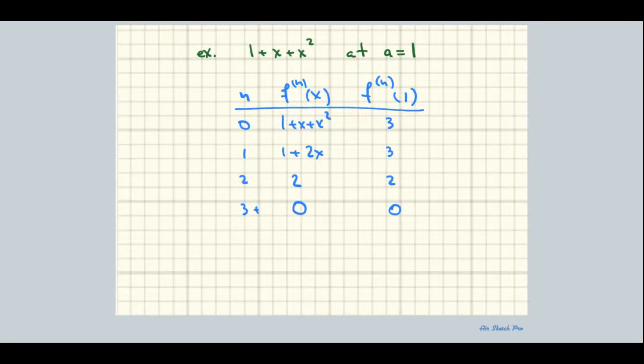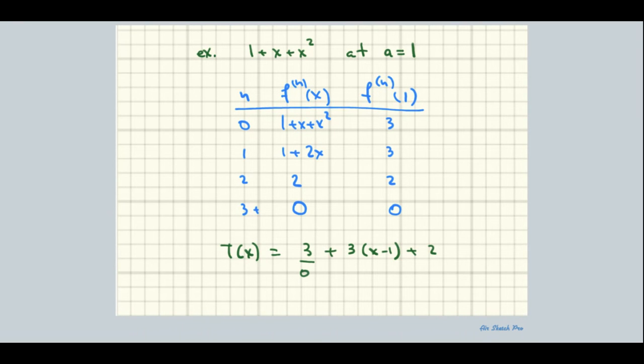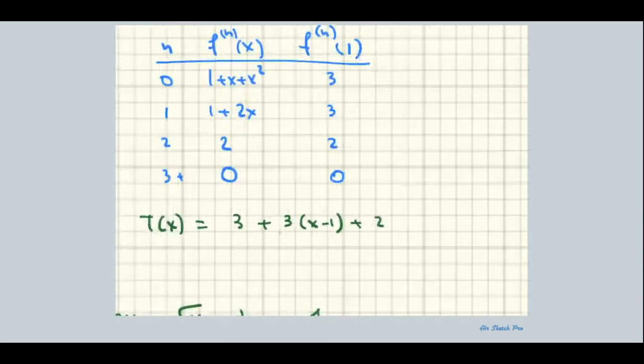Remember to find the function itself. The Taylor series for this function, expanded at 1, is the coefficient over 0 factorial, plus 3 over 1 factorial times x minus 1, plus 2 over 2 factorial times x minus 1 squared.